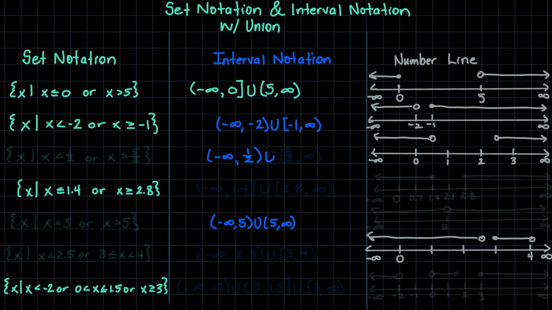Then we have another union that starts at 2.5 or 5/2 and travels to infinity, and that 5/2 or 2.5 is not included. This translates to x such that x is less than 1/2 or x is greater than 5/2.